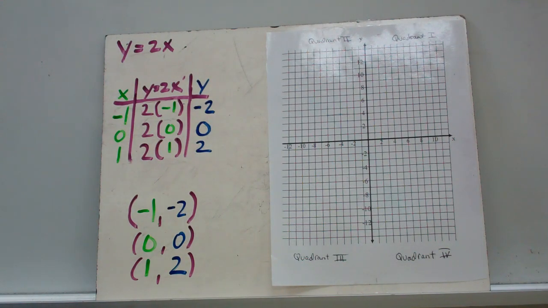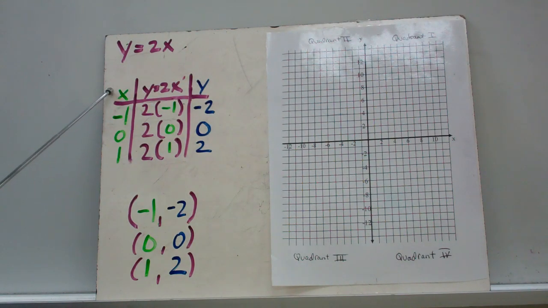So what I did here was I set up what's called a T-chart. I don't know why it's called a T-chart. I know it looks more like an H or an old-time football goal, but this is called a T-chart. And what we do is we put our x value on the left side. In the middle, we put our function, and then on the right side, we put our y's.